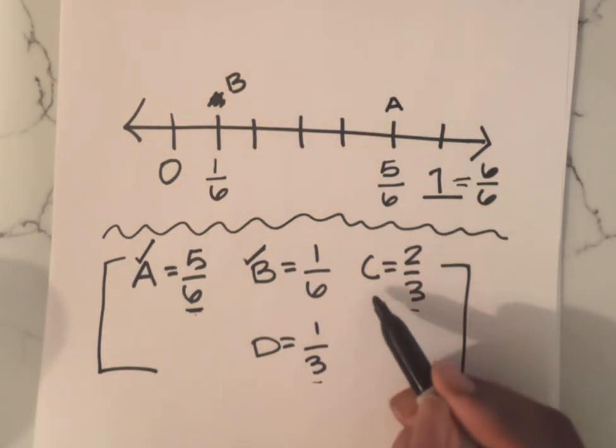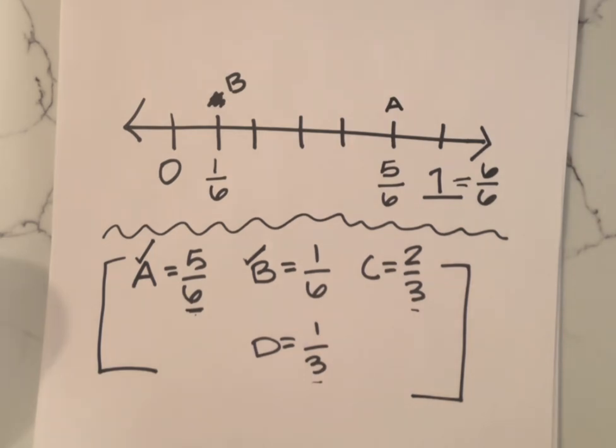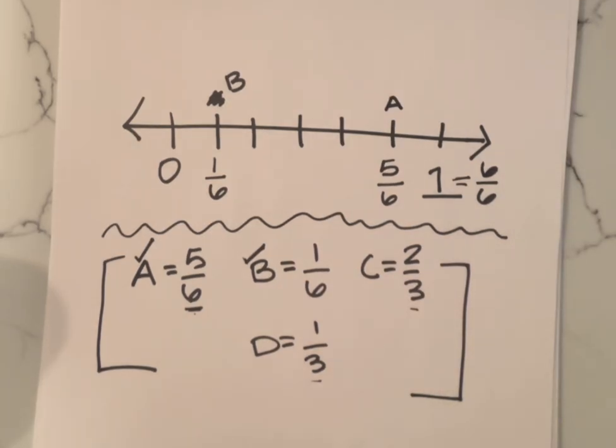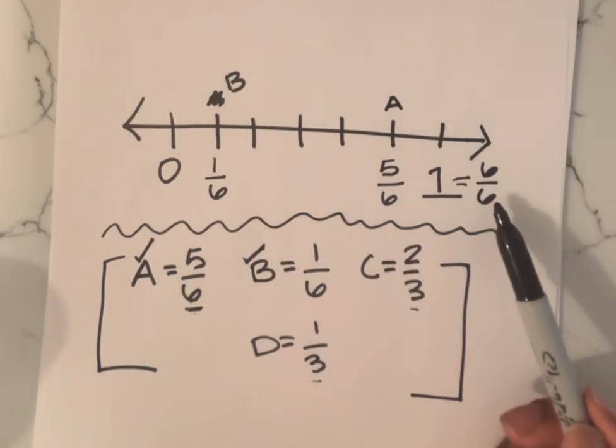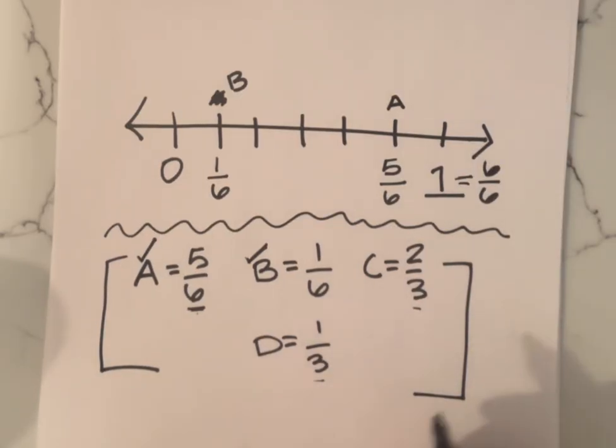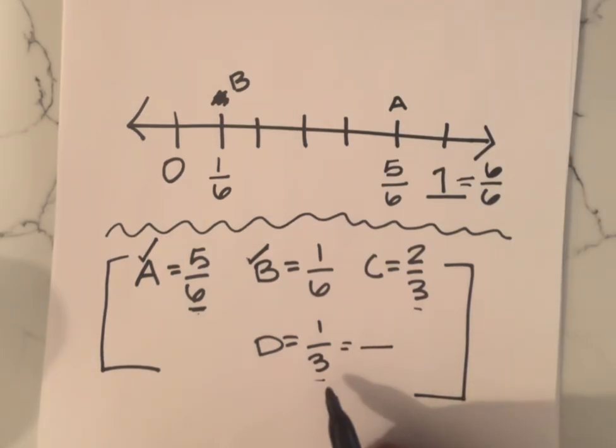So now we have our point C and D to plot. Now the only issue, if you will, with this is that these 2 fractions have a different denominator than 6. But what we can do is convert these fractions into a fraction with a 6 in the denominator. So if we have 1/3 right here, in order to make this 3 a 6, we have to do what?